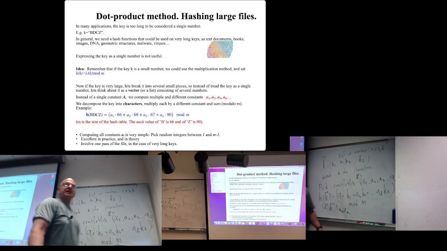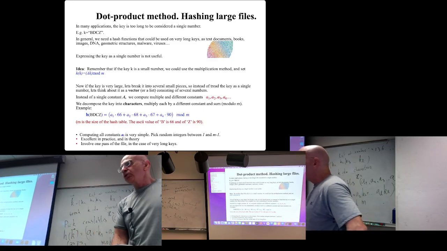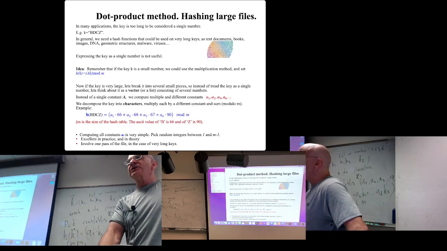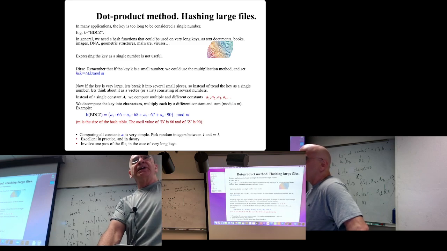And later we will see that it's not just a good hash function, it's actually a fantastic hash function. And we'll see how we should pick the A_i. It will actually not be a single hash function, but a family of various different hash functions that has a lot of great properties. Namely, it will be a universal family of hash functions.